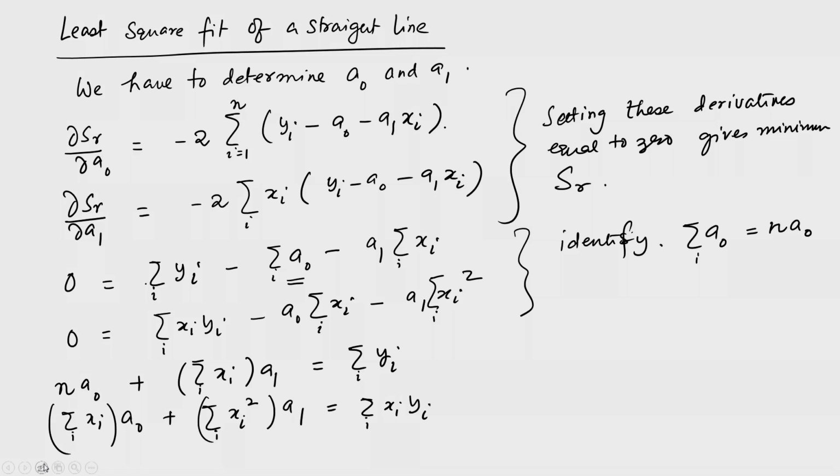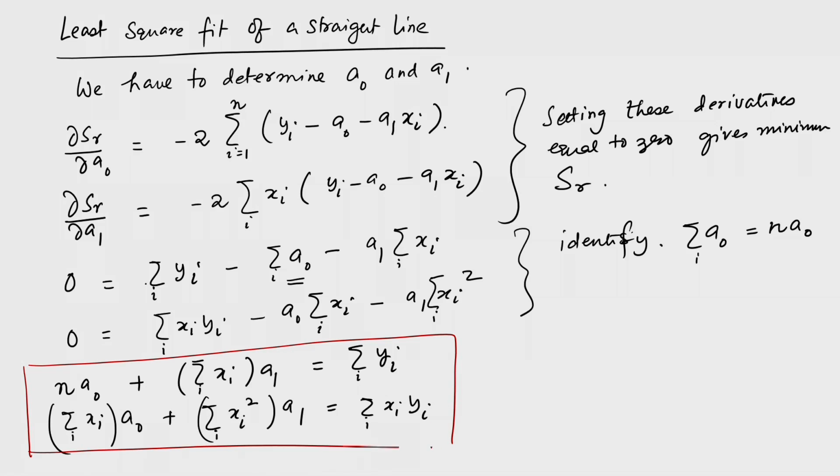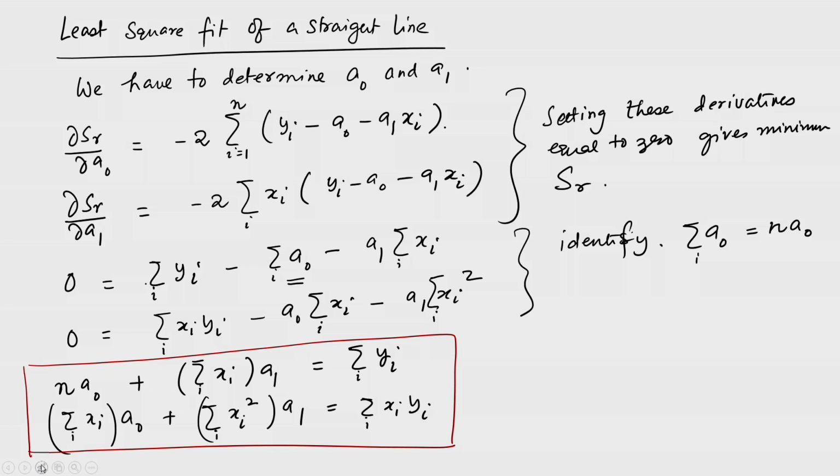So, these are the two equations that we need to solve for A 0 and A 1, which are the important ingredients of the line that we are trying to fit to our data.